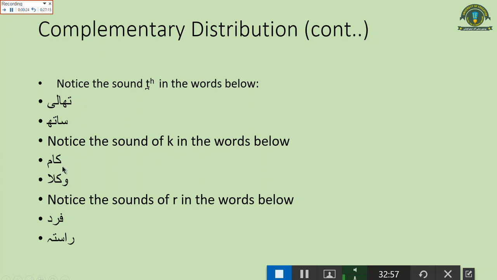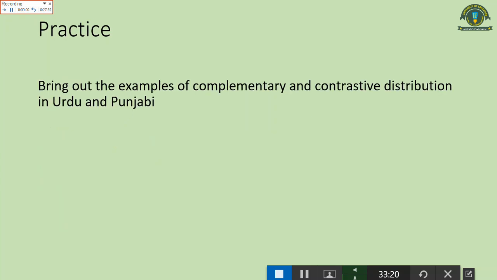Now this one, kam and vukla. Now k has quite a different pronunciation in vukla and a clear pronunciation in kam. Fard and rasta: notice the pronunciation of the r sound in these words. Okay, so we looked at some of the sounds which are in complementary distribution to each other.